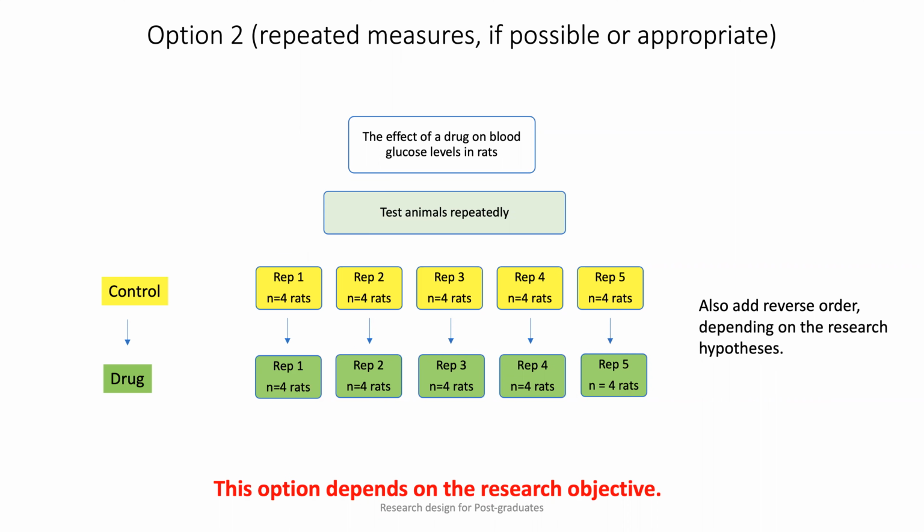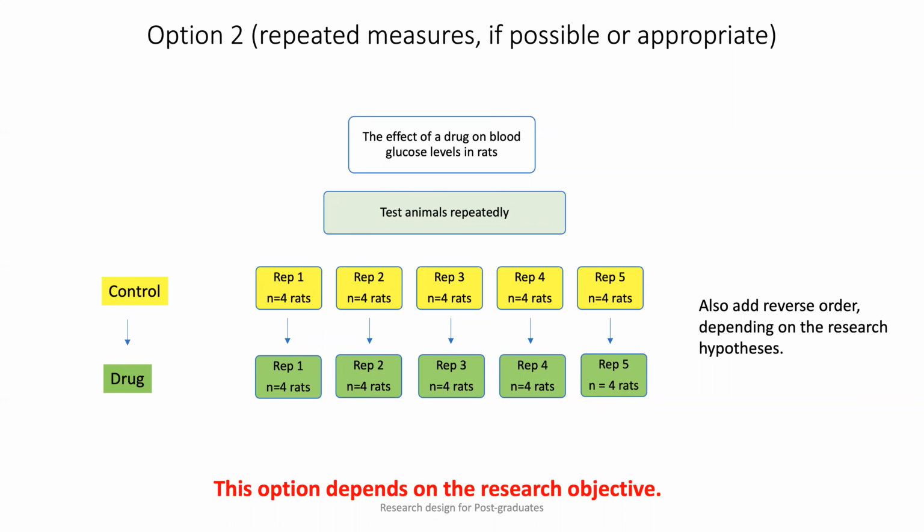In other words, say you measure the blood glucose level on some animals first, then you give them a drug, and then you measure it again. If you do this approach, you will again need fewer animals because the same animal is actually part of both treatments, but it is a repeated measures design, and it allows you to answer rather different kinds of research questions that allow you to control the variability within the animals much better.